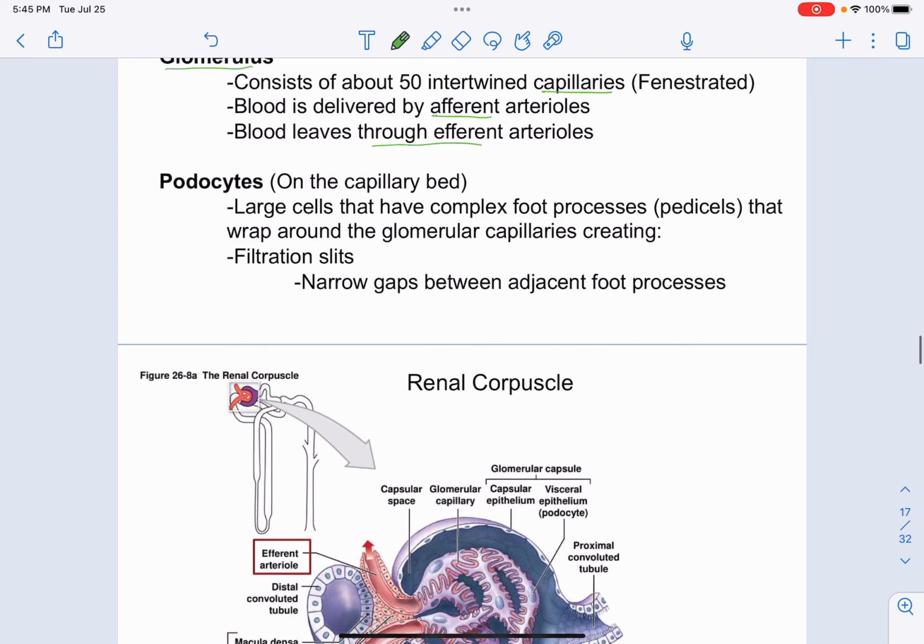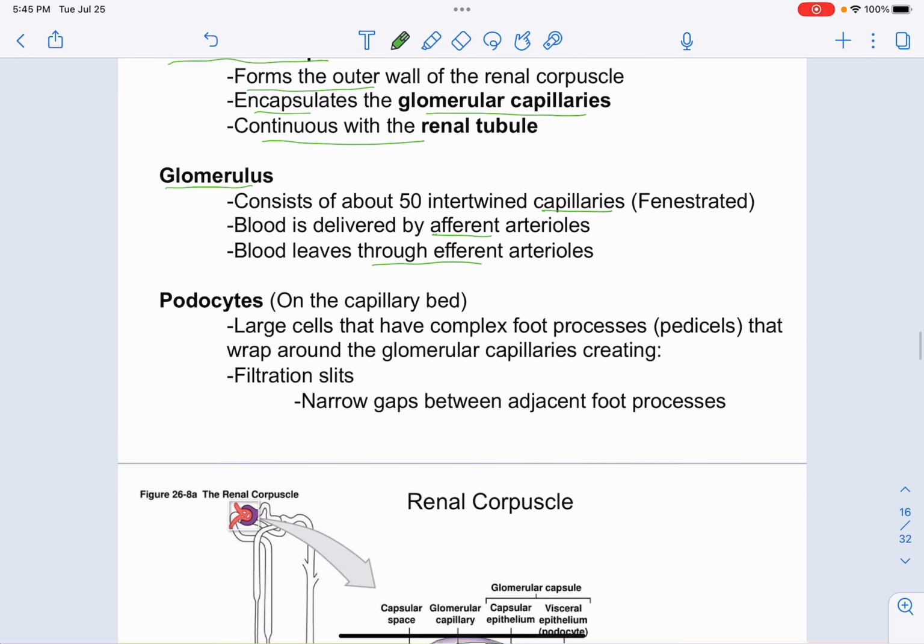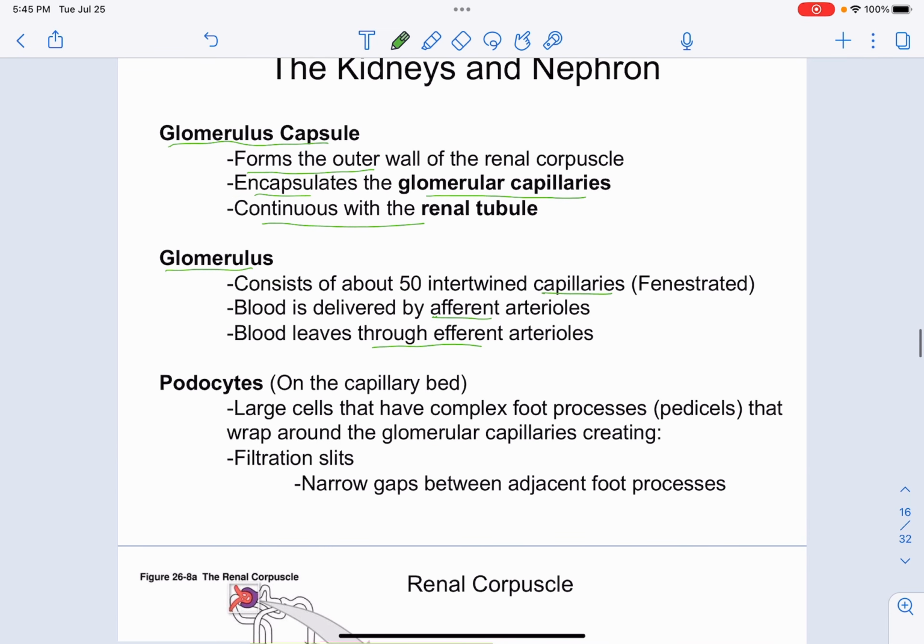We can take a close-up look at this, but before we do, I want to tell you about one other feature. It's going to sound familiar because we saw something like this when we talked about the blood-brain barrier. There are specific types of cells called podocytes that reside on top of that capillary bed.